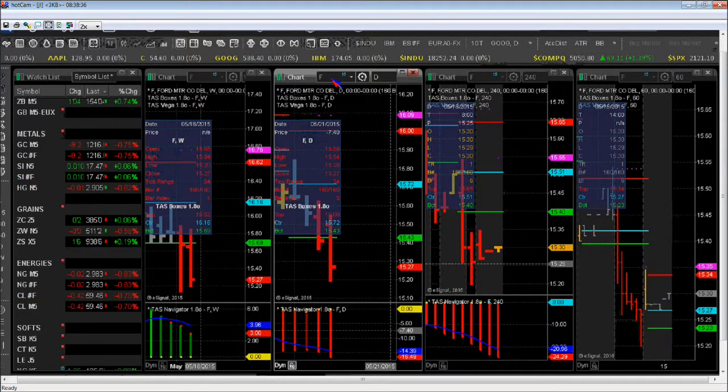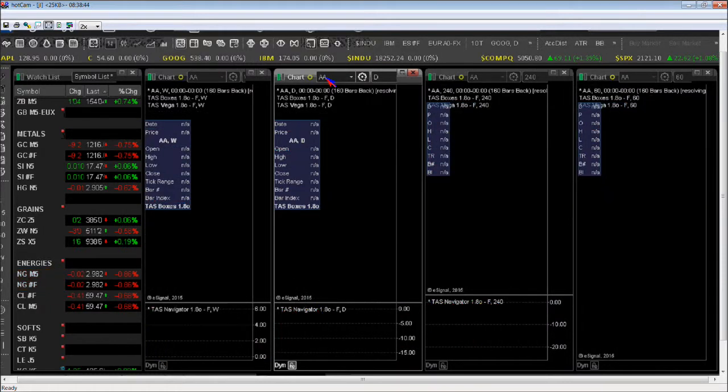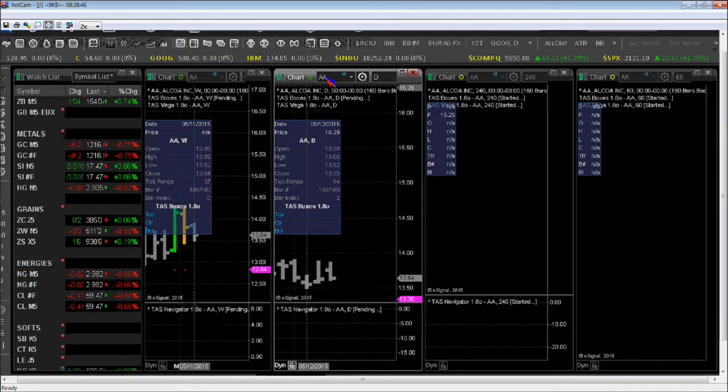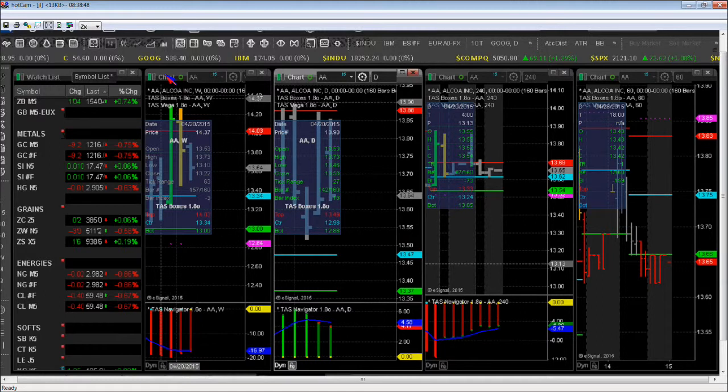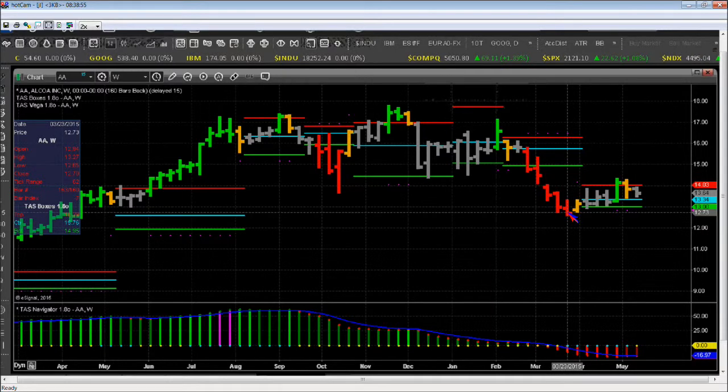Remember Alcoa? Let's take a look at that. I just want to pull up another relatively cheap stock. This was one that we caught some good momentum off the $15 area and caught it down into 12 and some change. Is that a risky trade, shorting a relatively cheap stock?